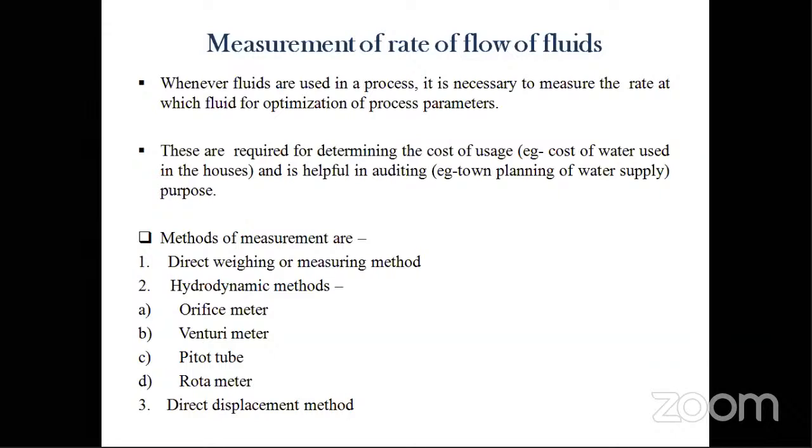When the velocity is calculated, depending on the velocity we can also calculate the rate of flow of fluids, and depending on the rate of flow, we can calculate the minimum bill of charges by the flow meters.